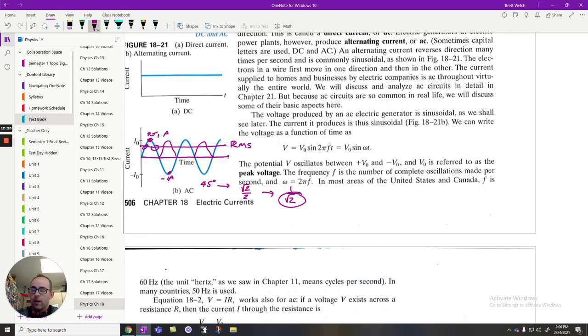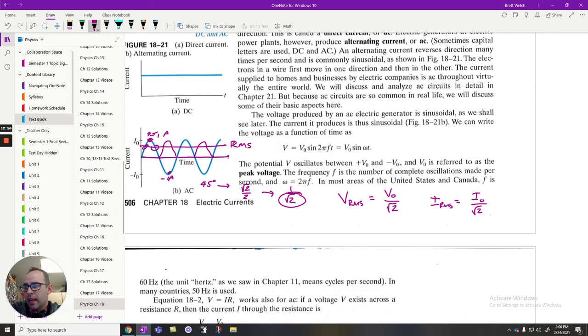It turns out that whether you're talking about the voltage or the current, the RMS value is the peak value, we use a subscript 0 to mean peak, divided by square root of 2. Same thing with current, RMS will equal the peak current divided by root 2. So those are a couple of ways to compare what we would consider average with the peak.